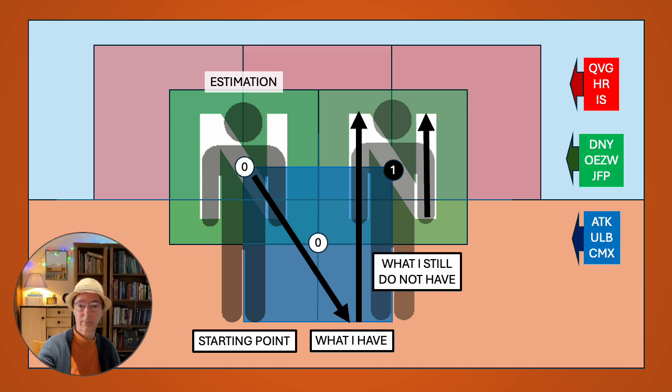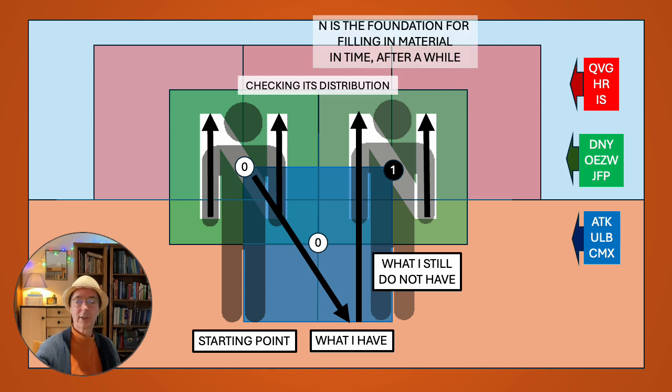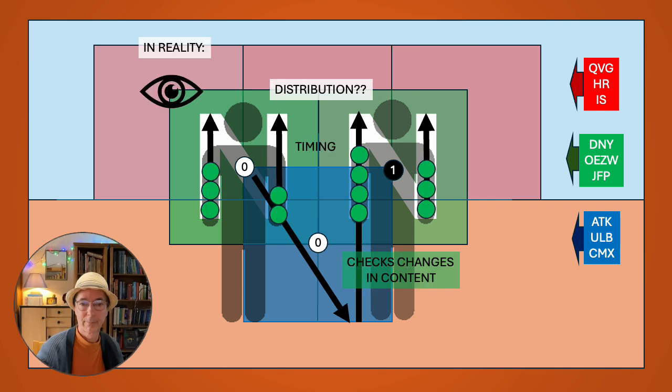And of course, it's not only what I have, there's also a part that I still do not have, what the other person might have, maybe. And it's checking actually its full distribution, its whole process in time, what is filled in as material in time after a while. That's that kind of focus of N.